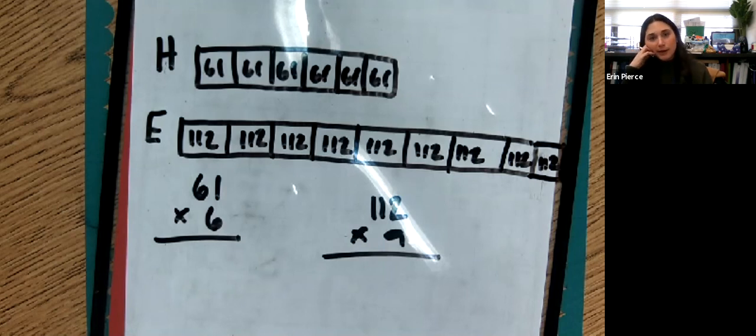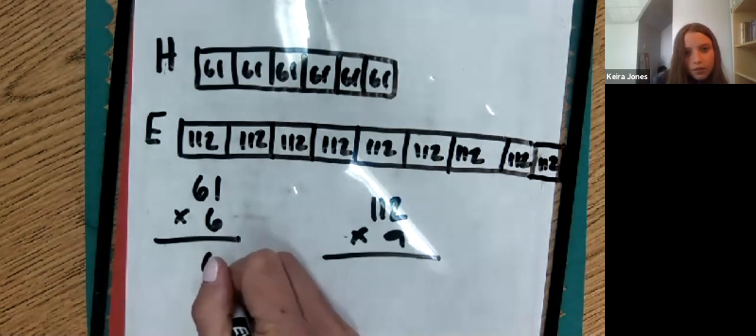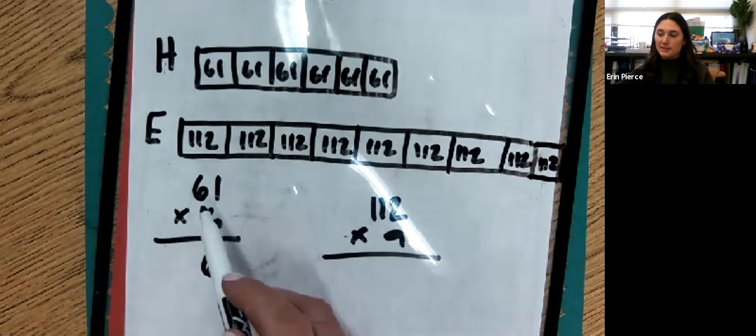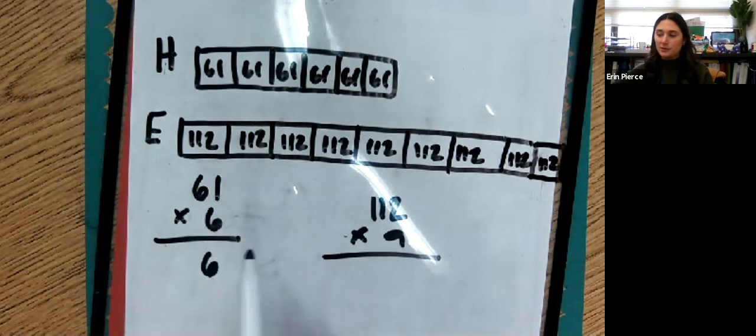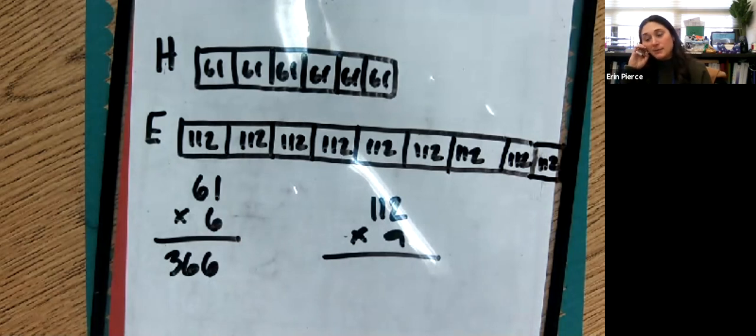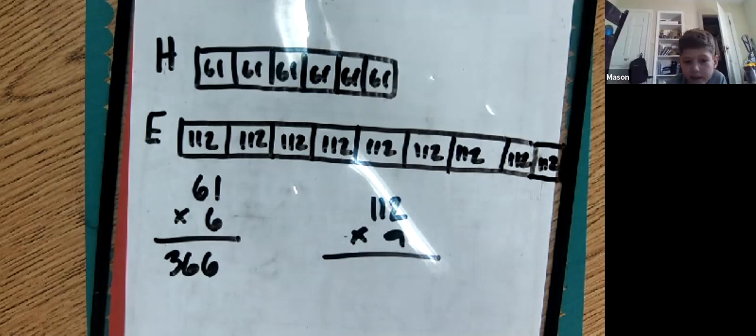Kira, how many crayons does the high school teacher have? 366. 366, because 1 times 6 is 6. 6 times 6 is 36. 366. How many crayons does my elementary school teacher have? Mason. 1008.